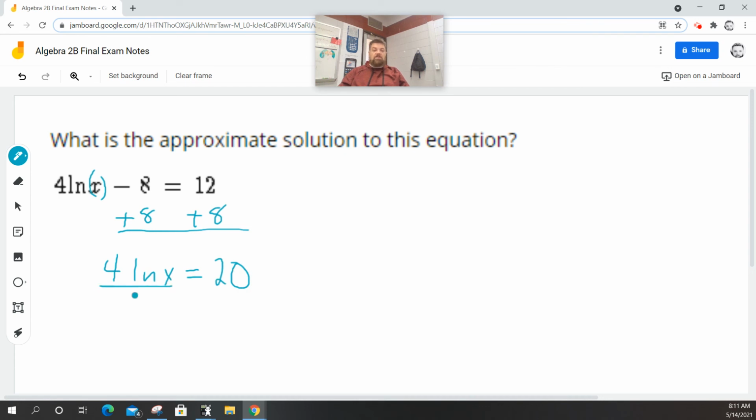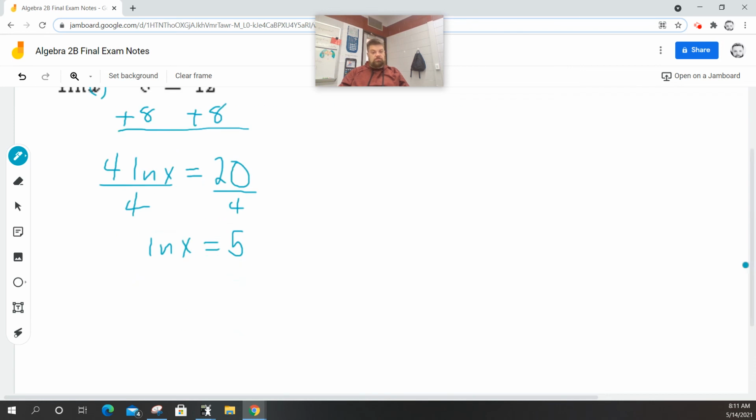Now, if I want, I could divide by 4, and I get the natural log of x is equal to 5. So the interesting thing about this, remember that the natural log of x is the same as log base e of x.